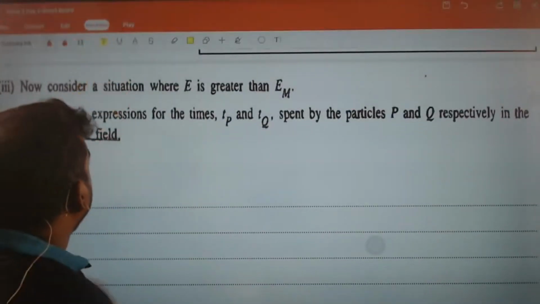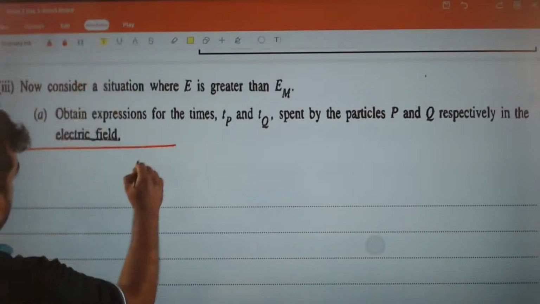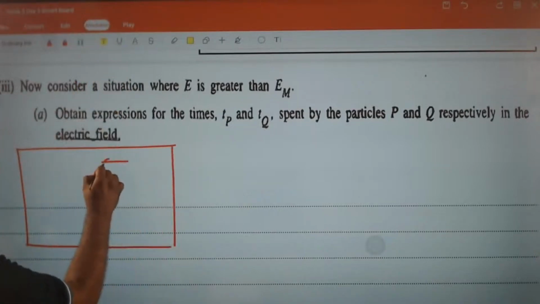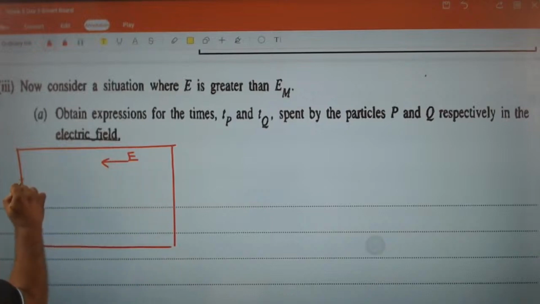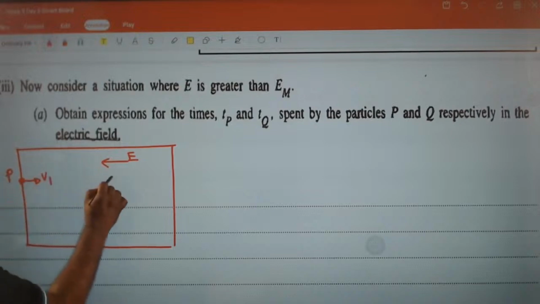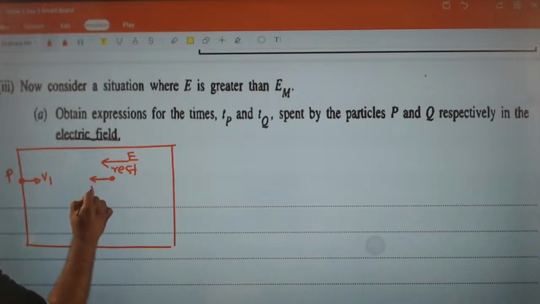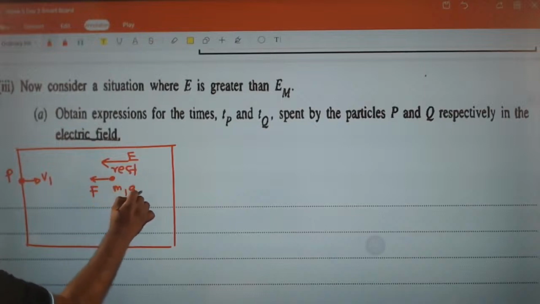Let's draw this. Now E is going to be larger, so velocity V will slowly stop somewhere here.